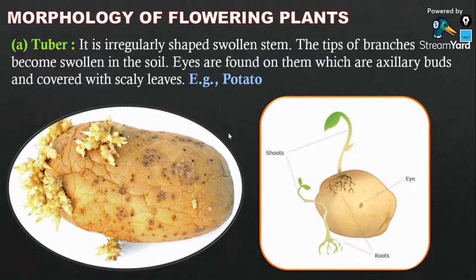Done. You have to study what a tuber is and the examples of the tuber. What is the example of a tuber? Tell me in the chat box, everybody. Yes, potato is an example of a tuber.